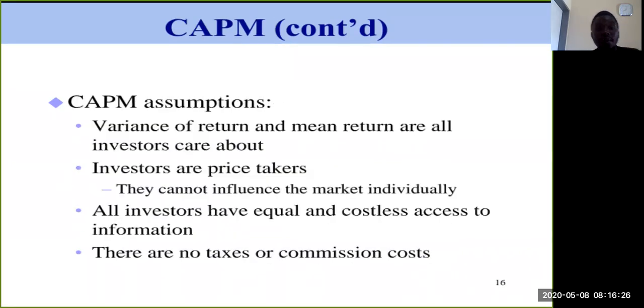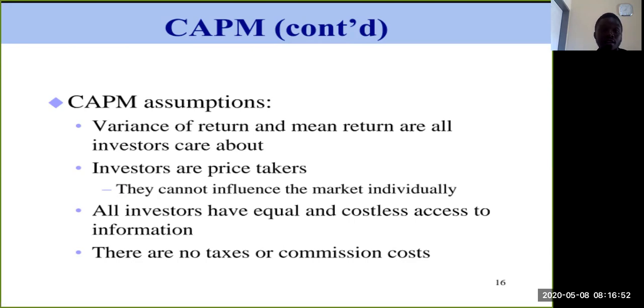The capital asset pricing model assumptions. The variance of the return and the mean return are all investors care about. So we see that the variance and the mean are what the investors care about. This is because they are going to influence the beta, which is the systematic risk of that security.